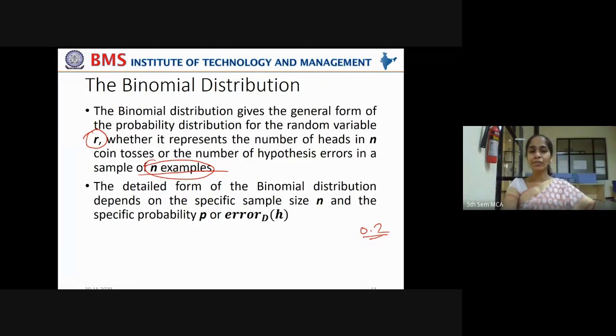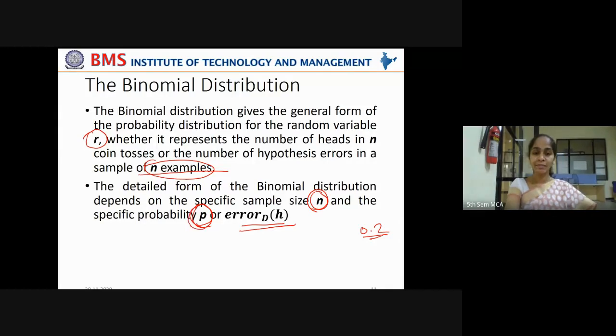Right? So the detailed form of the binomial distribution depends on the specific sample size n and the specific probability P, or the true error of h. If you want to understand this binomial distribution in detail, it depends on the sample size, the number of data points in a specific sample, that is n, the new instances being taken, and the specific probability P, the probability of observing a specific event, either an error in the predictions or correct predictions.